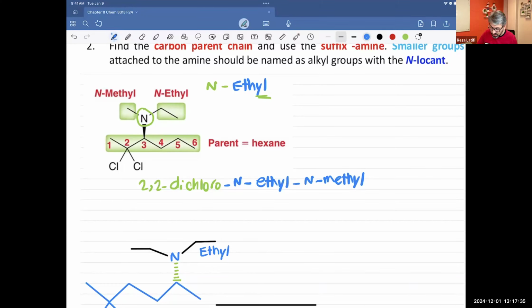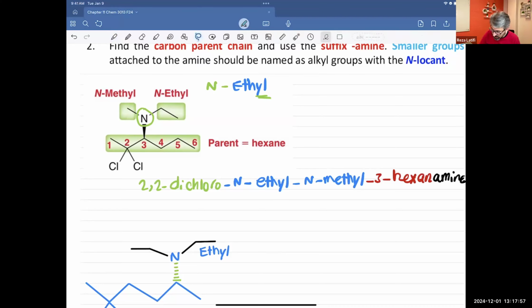So I can say dash 3, and then say hex, hexane, get rid of the E, replace it by amine. Okay, that's one way to write it.